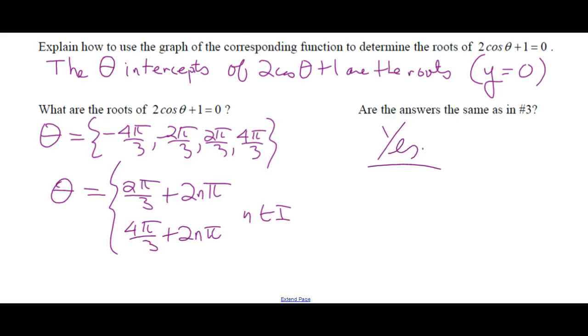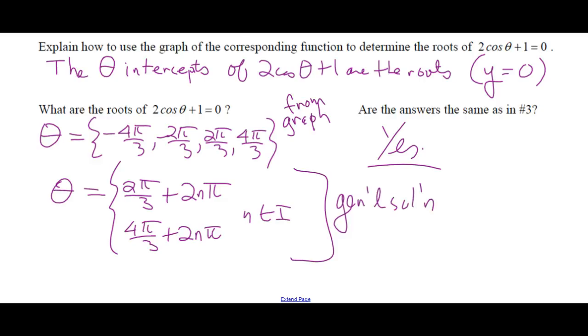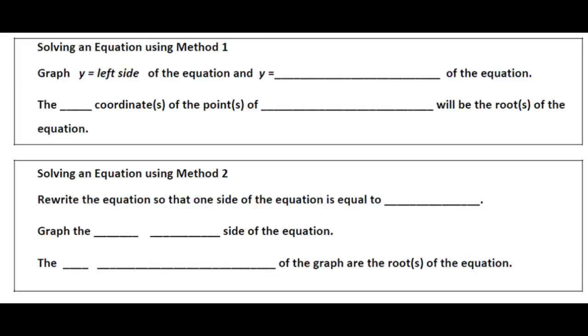And the answers are the same. So what are the roots of this? From the graph, they're this, and then in general, they're this. So this is from the graph, and this is a general solution. So, yeah, we should have been a little more clear there, I think.